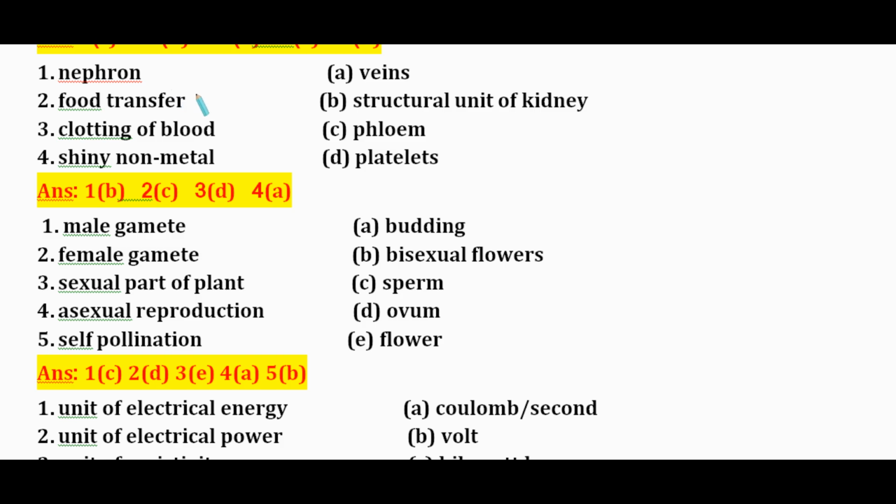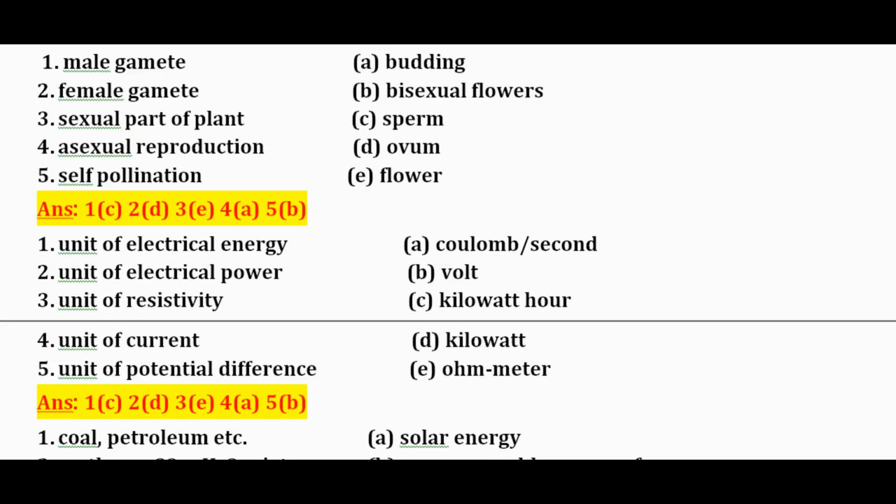Next match the column is nephron. Nephron is structural unit of kidney. Food transfer. It is done by phloem. Clotting of blood. It is done by platelets. Sorry. Fourth number is deoxygenated blood. It is flowing in veins.